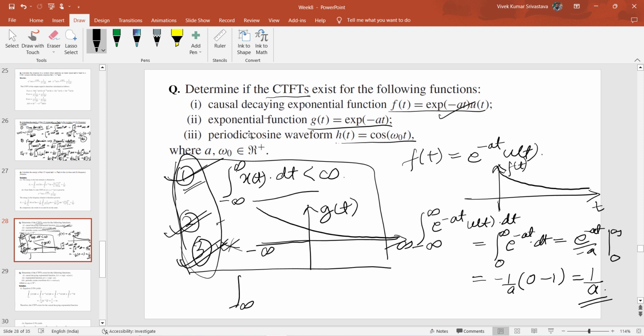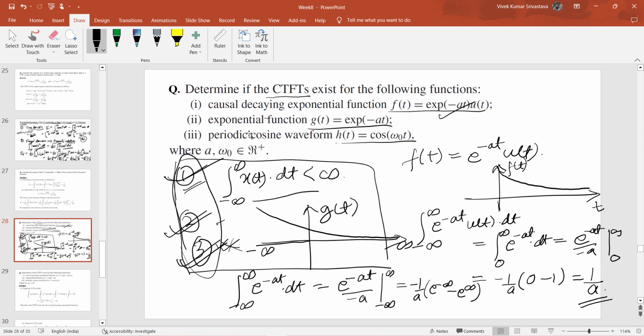The integral from minus infinity to infinity of e raised to the power minus at dt will be equal to minus e raised to the power minus at over minus a, with the limit of integration from minus infinity to infinity, so 1 over a times (e raised to the power minus infinity minus e raised to the power infinity).